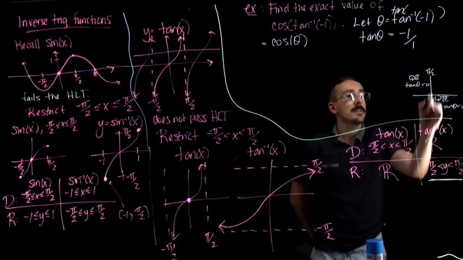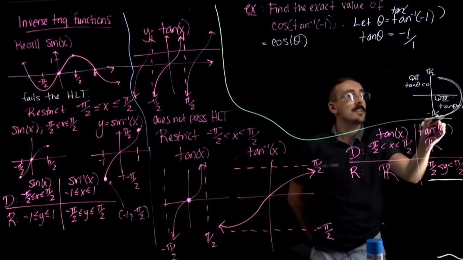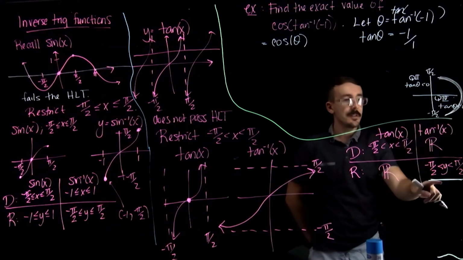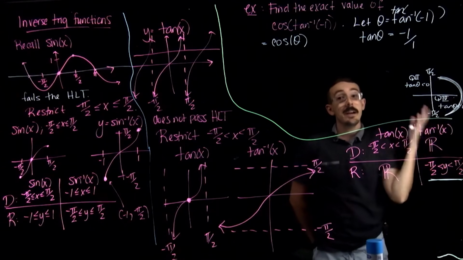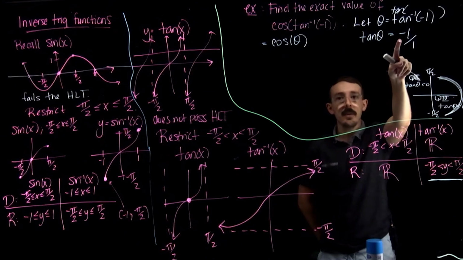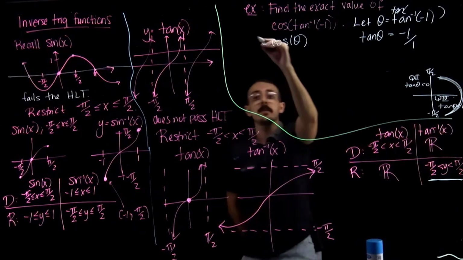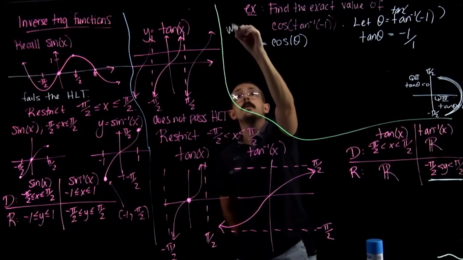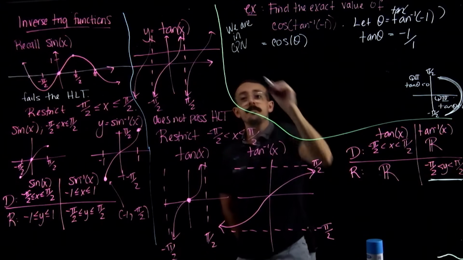Here's pi over 2, here's -pi over 2. So tangent inverse gives you values that are either in quadrant 1 or quadrant 4. However, it can't be in quadrant 1 because it's a negative number. So that means that we know we're in quadrant 4. So I'm going to write that somewhere for us to use later. So we are in quadrant 4.